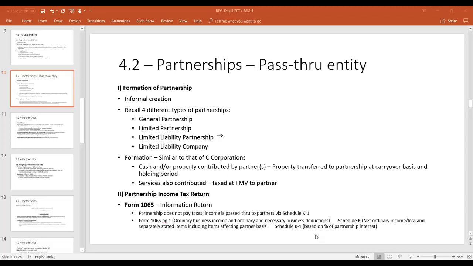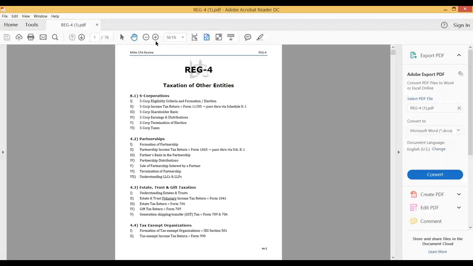Each partner gets one Schedule K-1, and using that K-1, they will file their individual income tax return. To get an understanding of this, I'm going to open up the book where you can see the Form 1065.